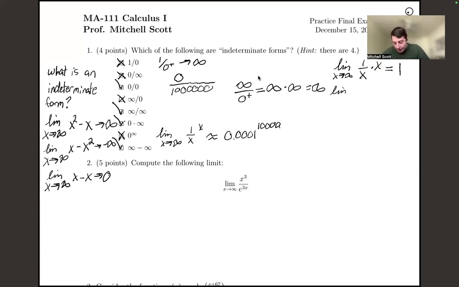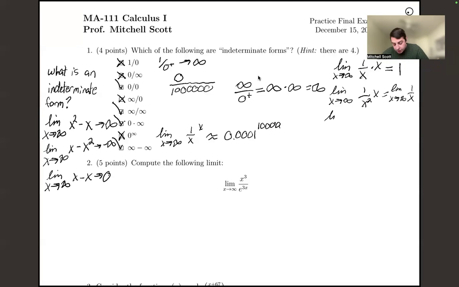But just by playing around with powers of x, I could get something like 1 over x squared times x. Again, as x gets big, 1 over a very big number goes to 0, and then we have a very large number, infinity. This obviously is going to equal the limit as x goes to infinity of 1 over x, which is like a 1 over infinity limit, and we know that is going to go to 0.